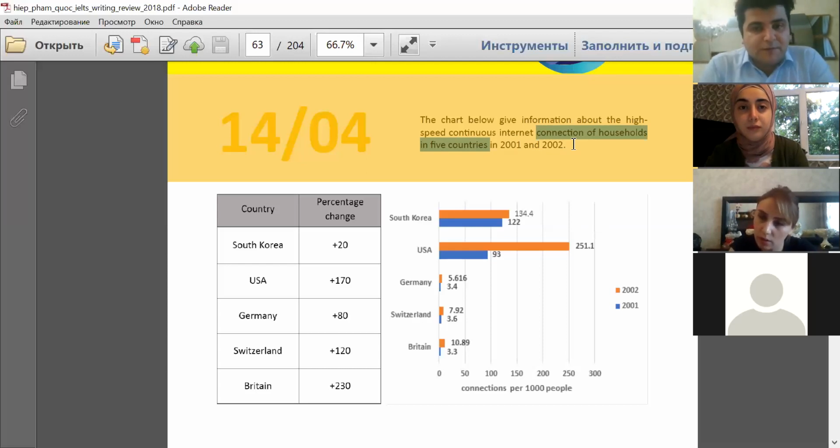The units are measured in percentage. Overall, it is clear that South Korea and USA had the highest rate, while others had a low rate. And obviously, South Korea exceeded others in terms of internet connection, whereas Britain was the least in 2001.